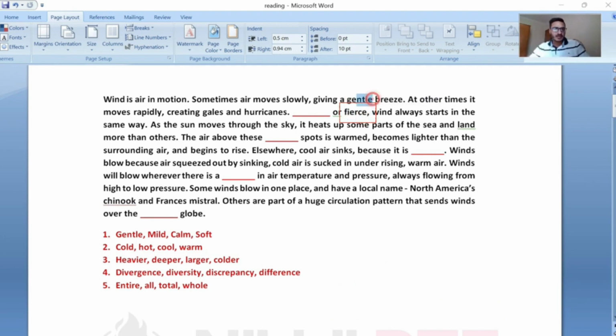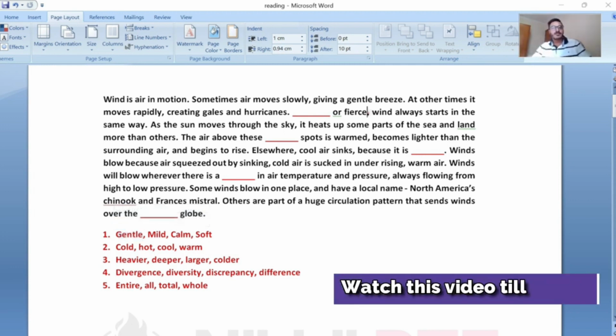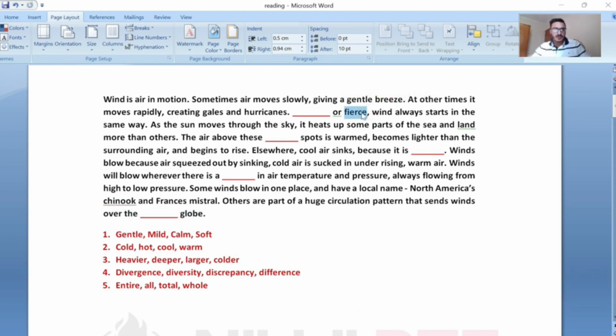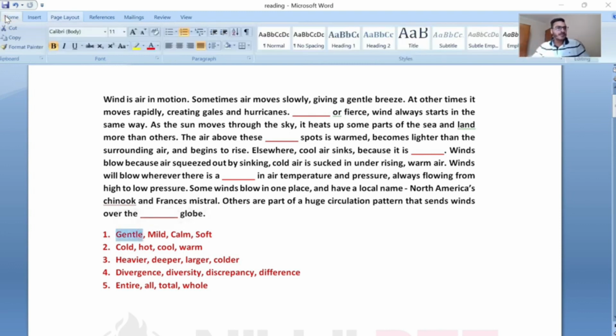The word gentle is used in the first line, and again the word gentle is in the options. So there are very high chances when you get the same thing in the option and in the question as well. So fierce, which means wild, right? The opposite of wild is gentle, so the first answer will be gentle. Why does this answer come here?